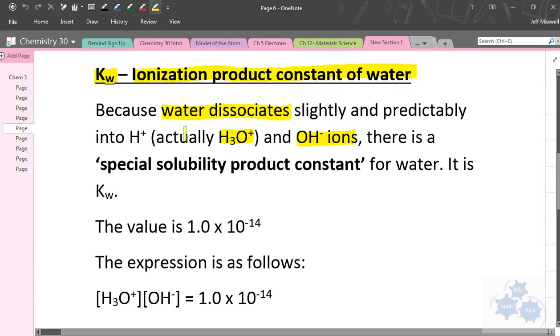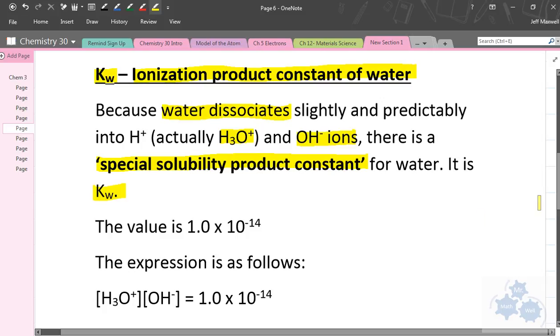And so that's what this first statement says. Water dissociates slightly and predictably into hydronium ions and hydroxide ions. Because that happens, there is a special solubility product constant for water, and that's what the Kw is.